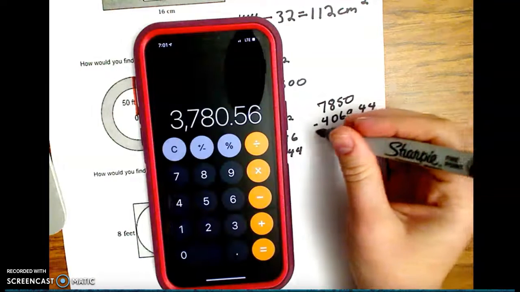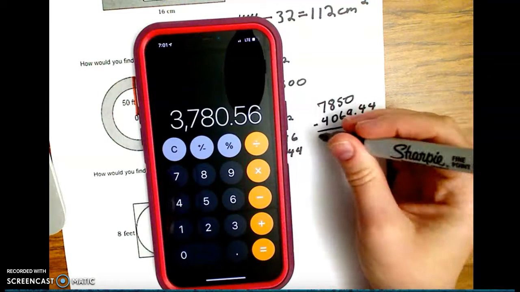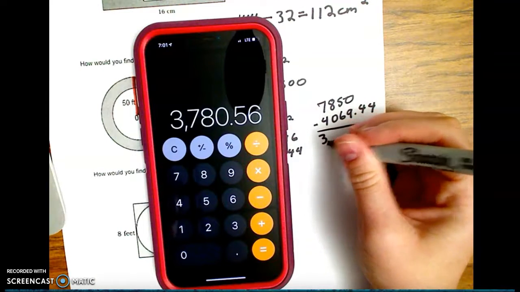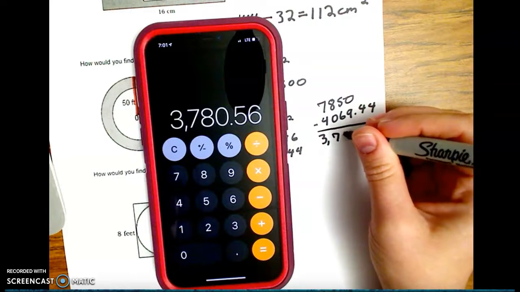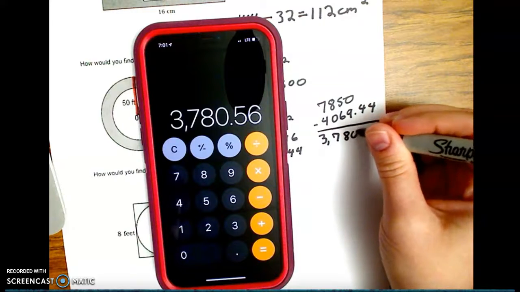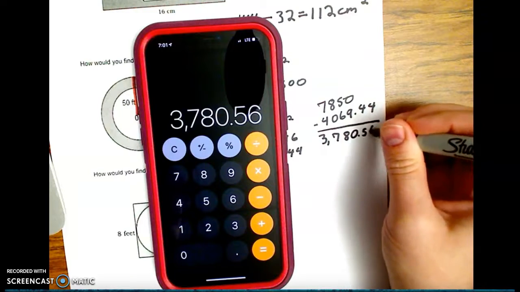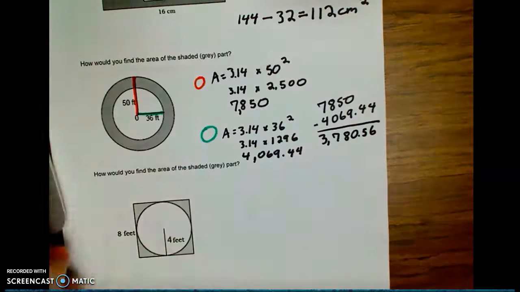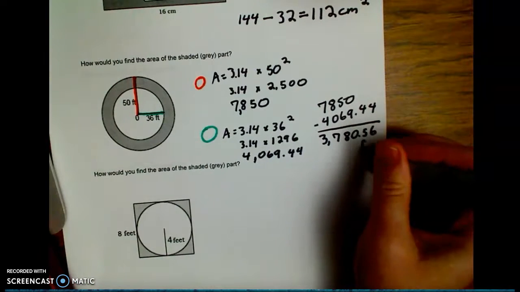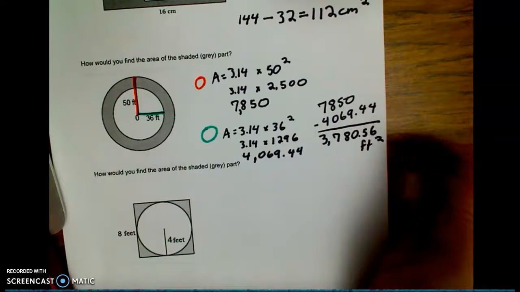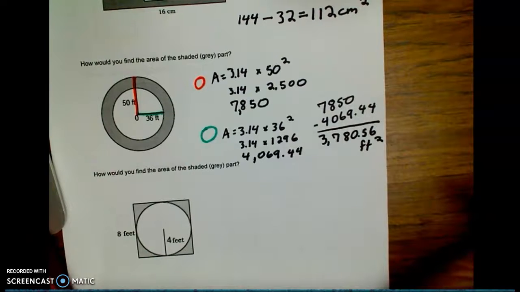So, if I want just the shaded part with the white stuff cut out, I would have 3,780.56 feet squared. There, we did it.